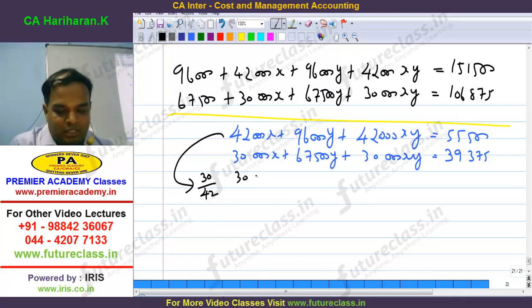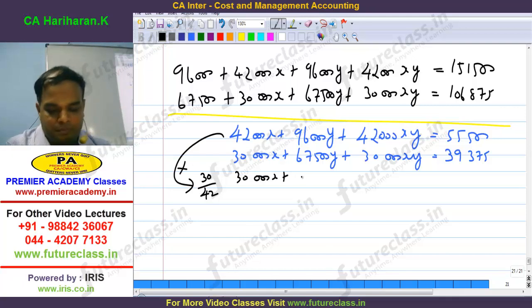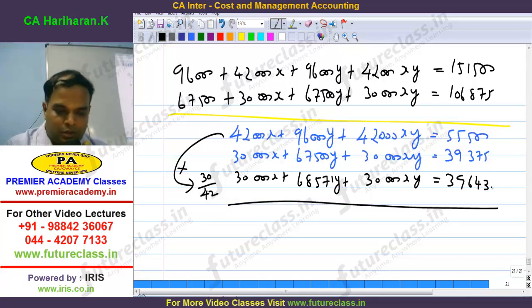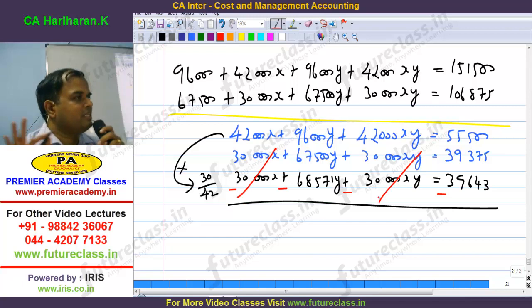So 30,000 x. 96,000 into 30 divided by 42 comes to how much? 68,571 y. 30,000 xy is equal to 55,500 into 30 by 42, which is 39,640. Understood? Now, plus will become minus, minus will become plus. xy gets cancelled. Easy or not?